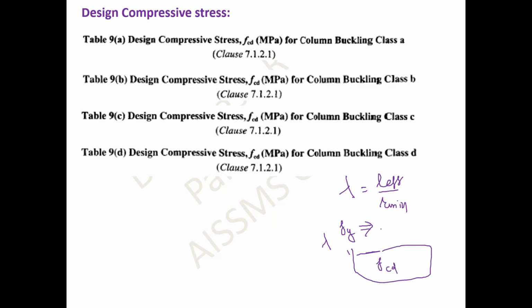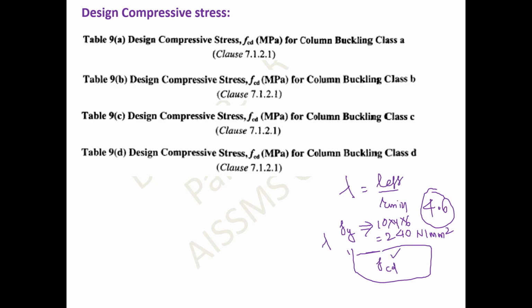So for Fy, if in one question paper the bolt is given as 4.6, if the bolt class is given, then your value of Fy is 10 into 4 into 6, which is 240. You have to take 240, and then for that column, you have to consider FCD.